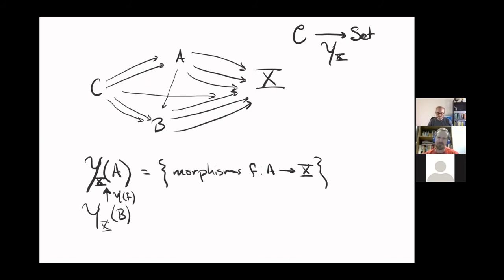Yeah, and in some situations, you can think of some of these non-representable functors as being ways of gluing together objects in your original category, or of combining them in ways that you wouldn't necessarily have been able to do before.